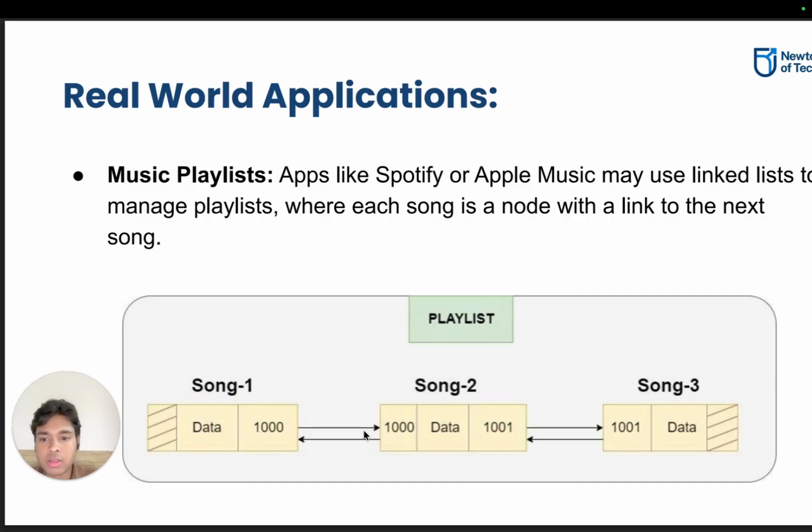In my playlist, song 1's data is stored, then song 2's data is stored, and the position of song 2 is stored in song 1. So this is how a linked list works. It's a doubly linked list.